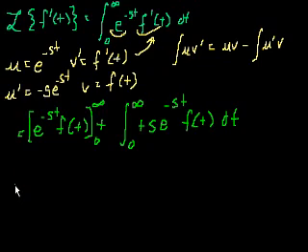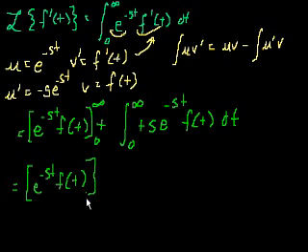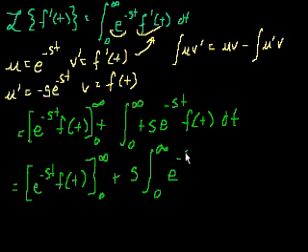So that is equal to e to the minus st f of t evaluated from 0 to infinity, plus s times the integral from 0 to infinity of e to the minus st f of t dt.